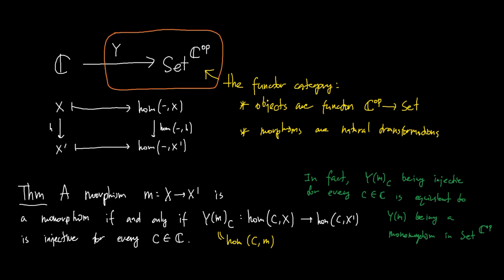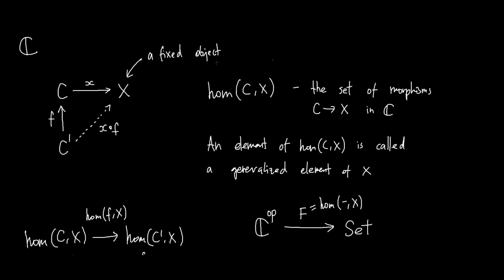So I'm going to show it to you in a primitive language, staying inside the category C and talking about arrows into an object as elements of that object.